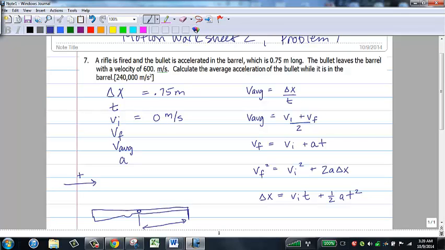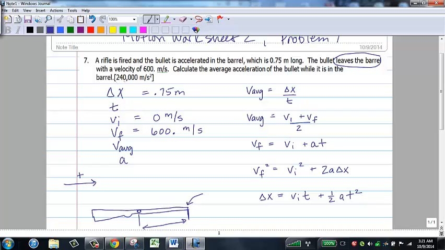Now, this phrasing, leaves the barrel, that means that that's the velocity at the end of the acceleration. So that's the final velocity. That's not the average velocity. And notice that there's a decimal point after the 600, giving that number 3 significant figures. And we're being asked to calculate the average acceleration of the bullet.